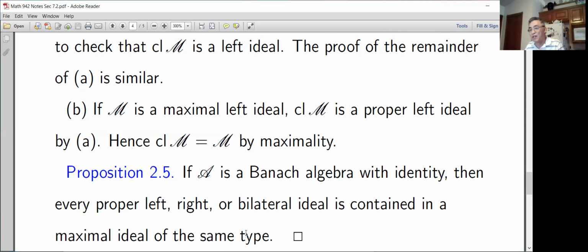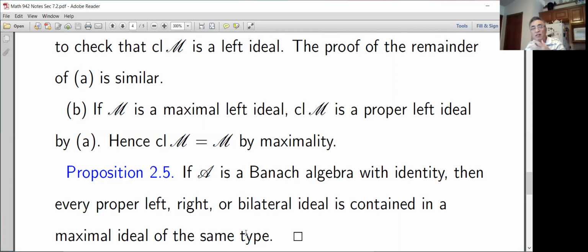So the union is a proper left ideal. So this shows that any chain has an upper bound.